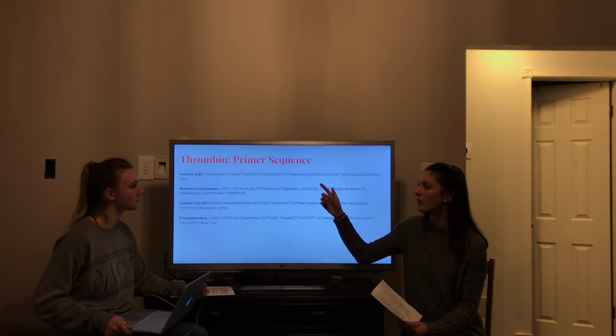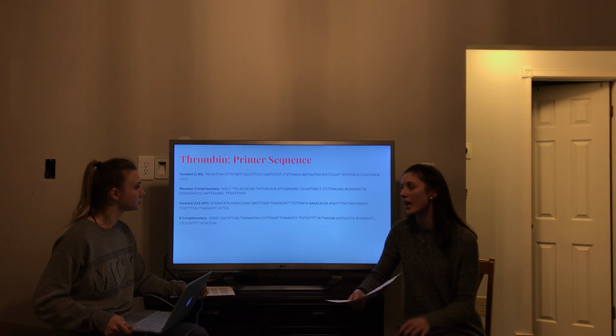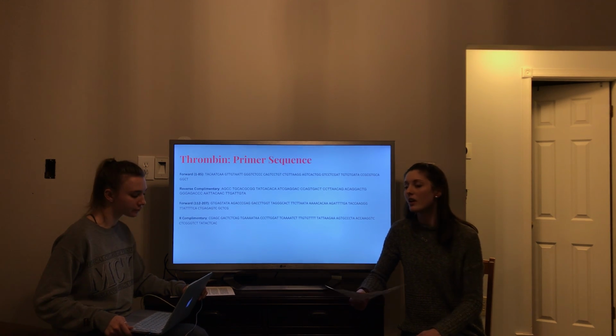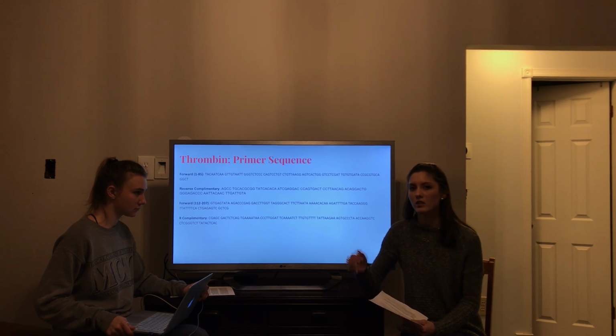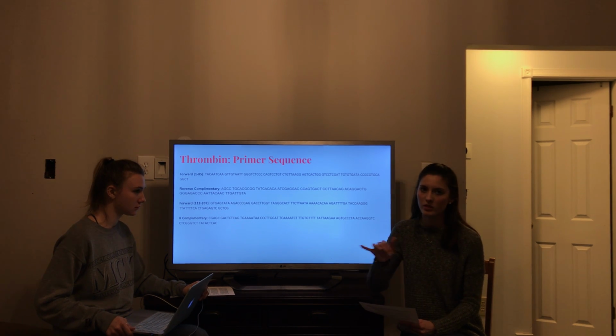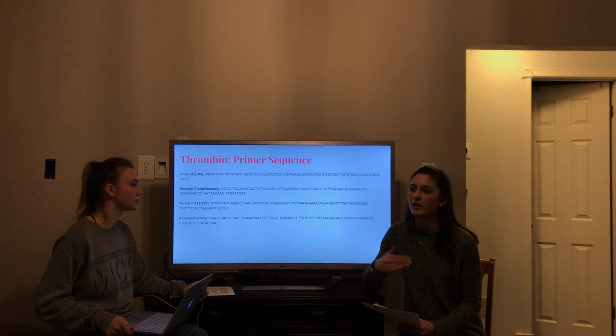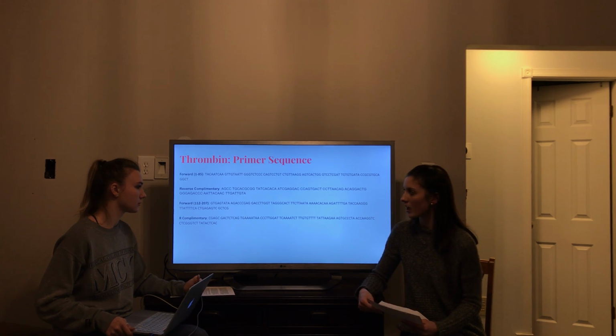For the forward one, we went ahead and used the first 85 base pairs, and with the reverse, we used the final 95, so that you have a kind of sticky end in between of where you want to replicate during qPCR.